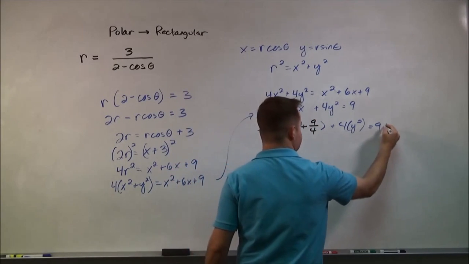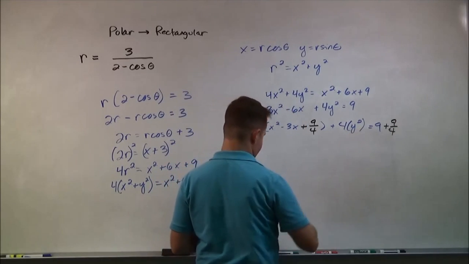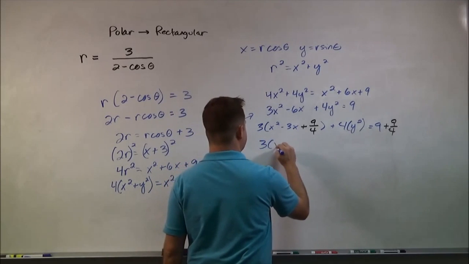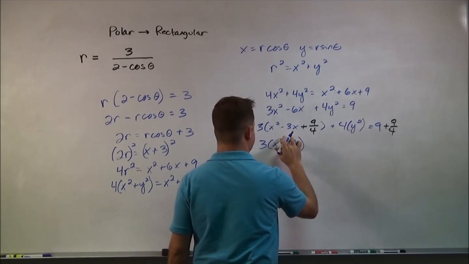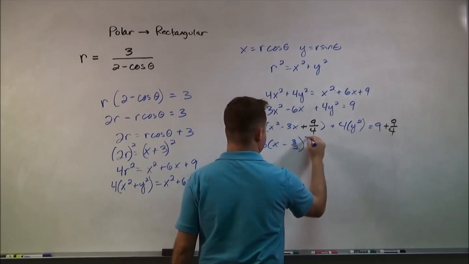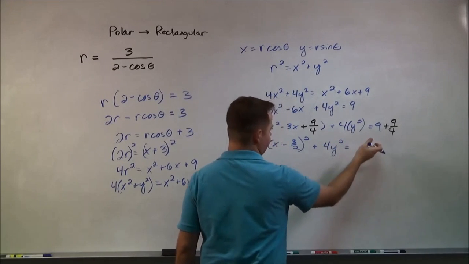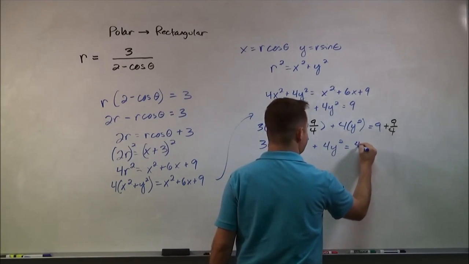And whatever you add to one side, you have to add to the other. This term we're not adding or subtracting anything to, so we can leave it as is. So we would have 3 times x squared minus 3 halves. When you factor it, it's x minus 3 halves quantity squared, and then plus 4y squared equals, and when you add those together, that's 36 over 4 plus 9 will be 45 over 4.